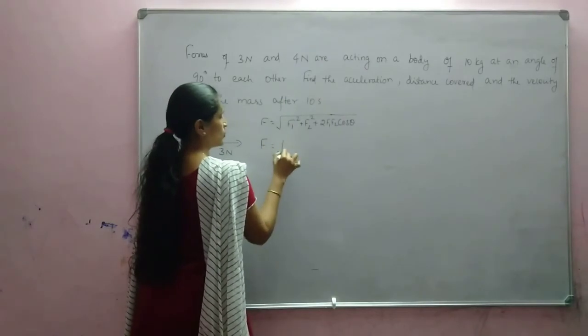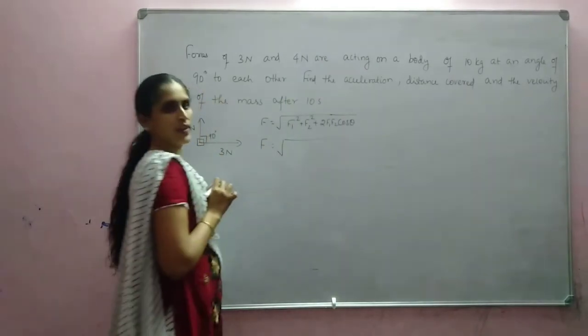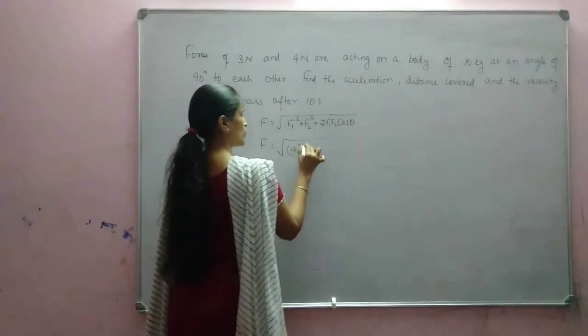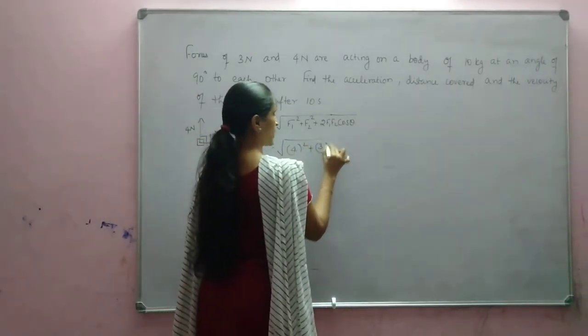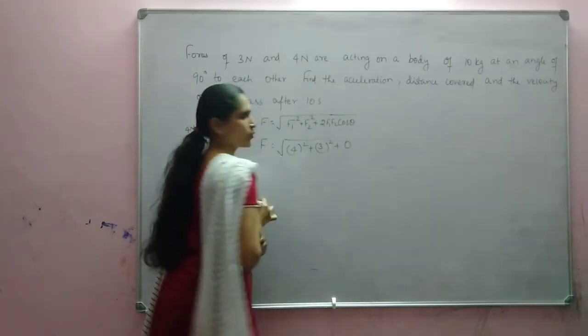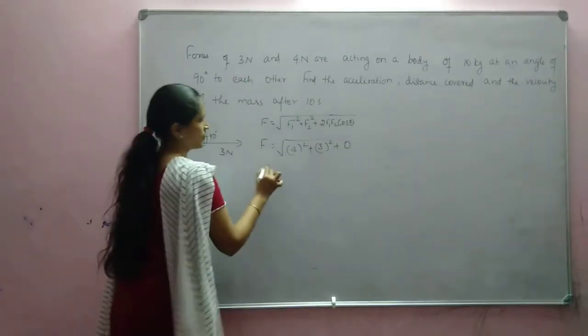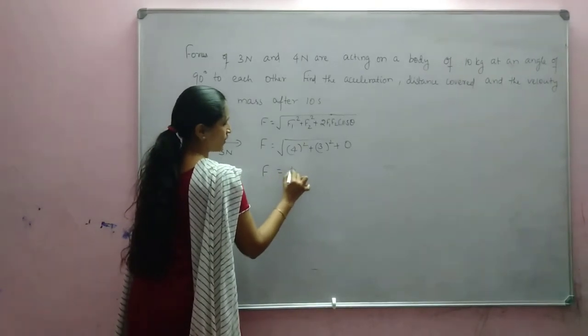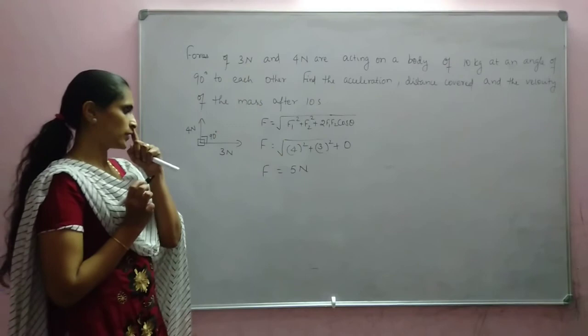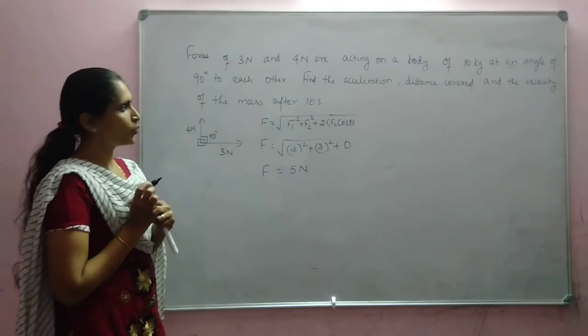So net force is root of 4 square plus 3 square. Since theta is 90 degree, cos 90 term will be 0. 16 plus 9, 25 under root, what you will get? 5 Newton.